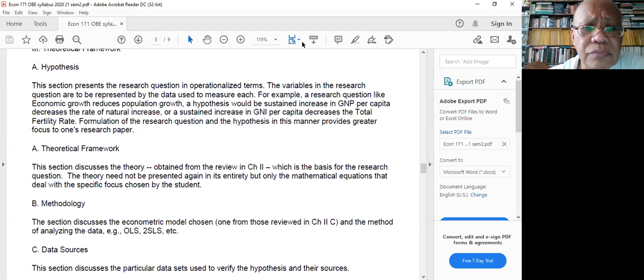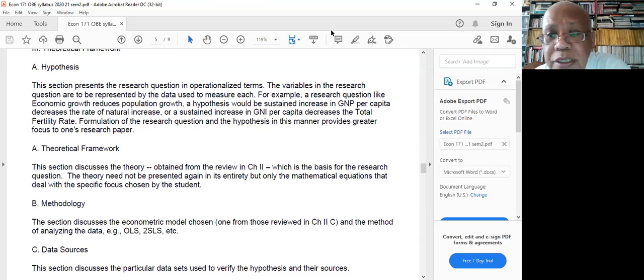Or a sustained increase in GNI per capita decreases the total fertility rate. Okay. So in this way, it gives greater focus to your research. There are very many ways by which population growth can be measured, but you chose to focus on rate of natural increase or total fertility.